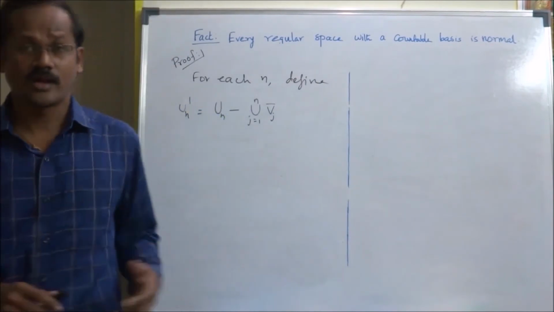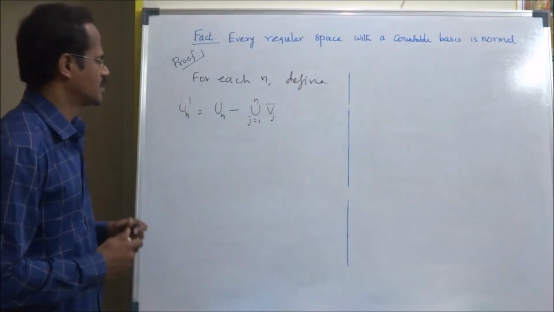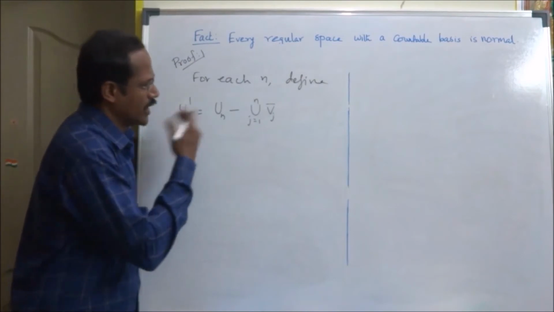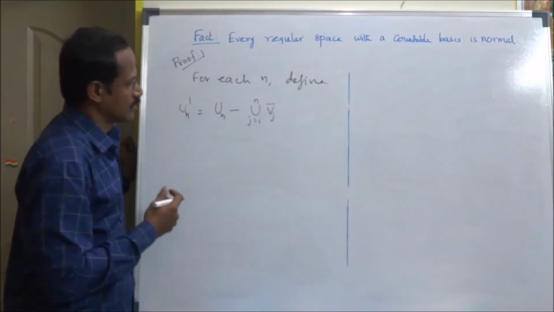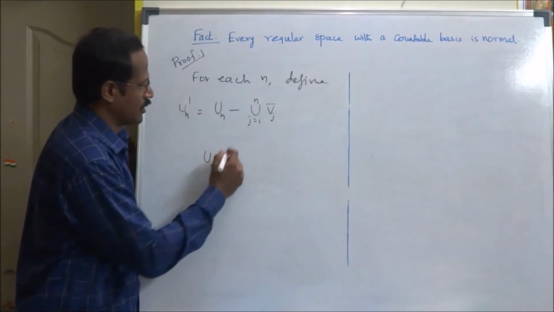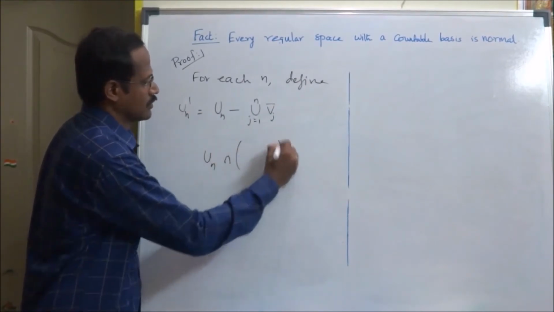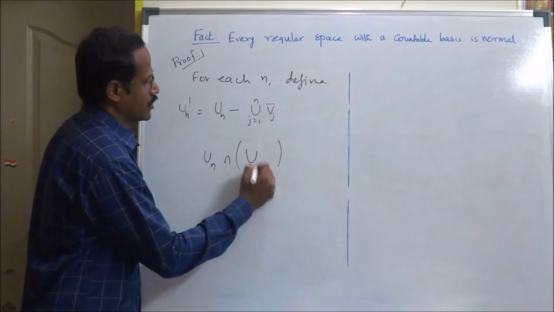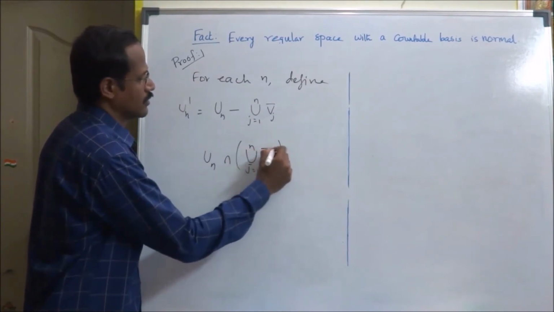What are the facts we have for this Un dash? Basically, Un dash is an open set. How? Un dash is equal to Un intersection the complement of the union over j equal to 1 to n of Vj closure.